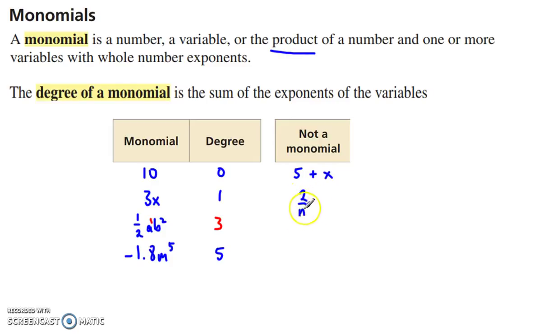You can't divide by a variable for a monomial. Or 4 to the power of a. Okay, that's not a product between these two. That's a power. Or x to the negative 1. Remember, the negative exponent again would imply that you're dividing by a variable. Okay, these are non-examples right here.